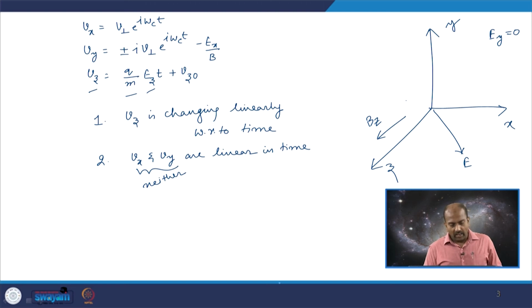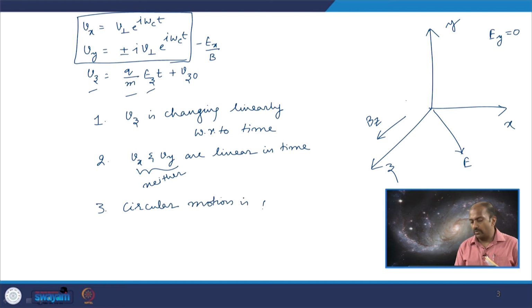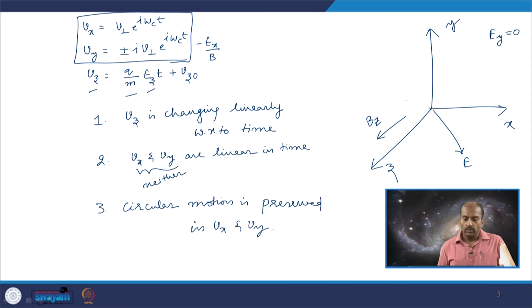Now, what you can realize is that if you expand this and then take a square and add, Vx and Vy still preserve the circular motion. The circular motion appears because of the first terms in Vx and Vy.